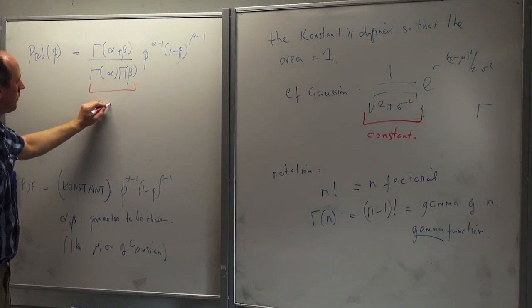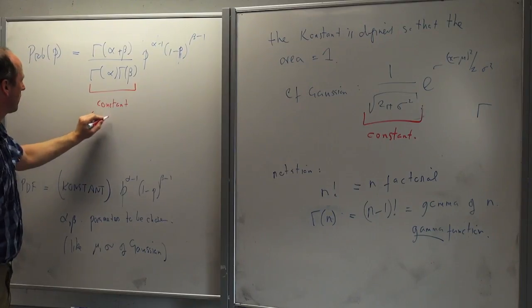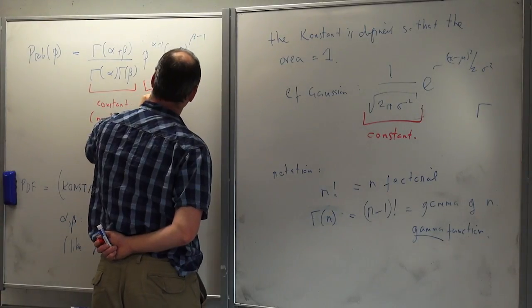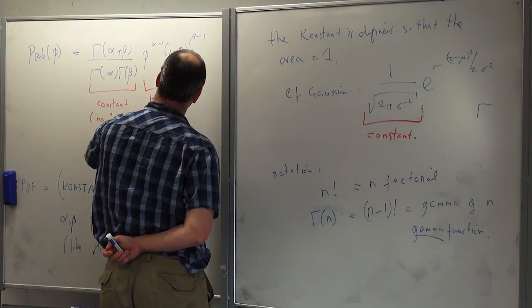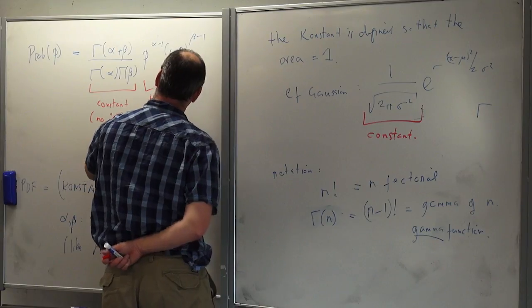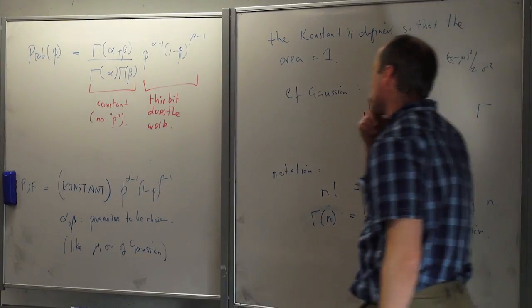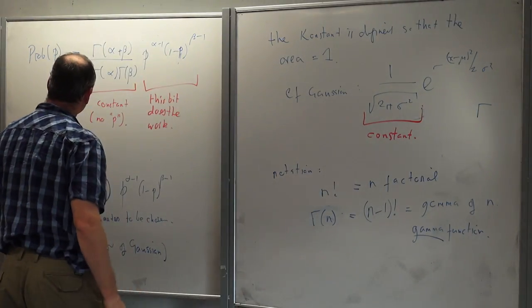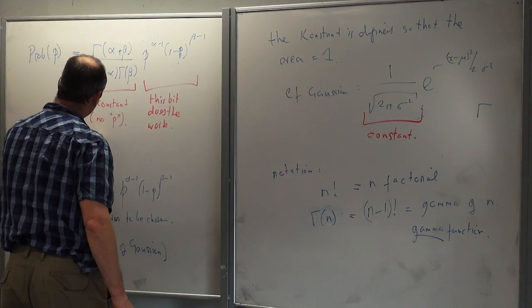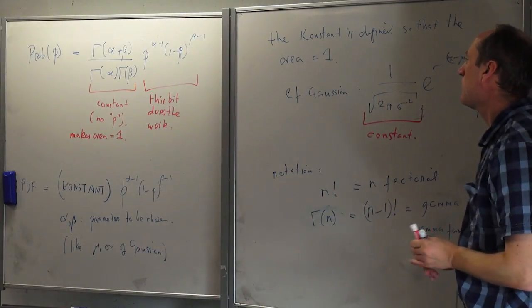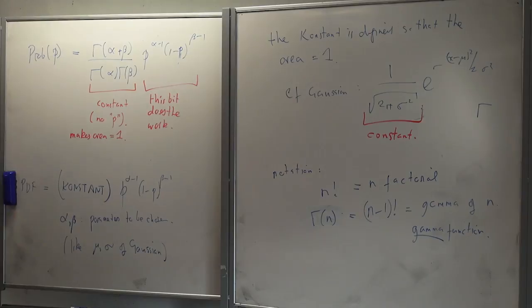There's the constant. This bit does the work. That constant there makes the area add up to 1. We'll find that we make occasional reference to the normalizing constant, but it's not really very common.